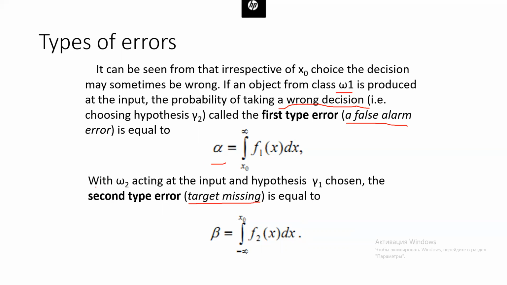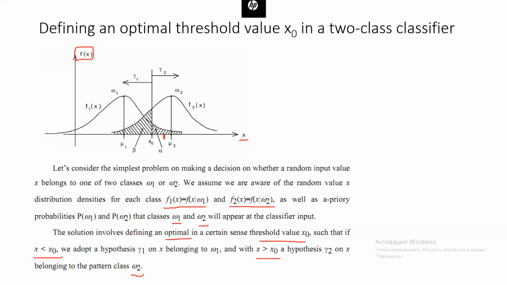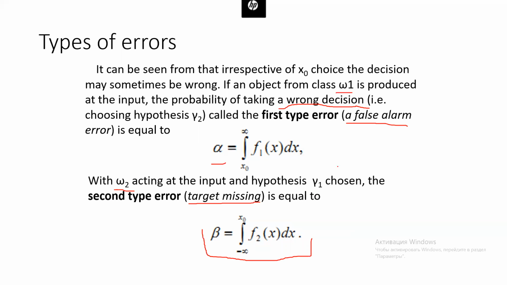With an object from the omega-2 class acting at the inputs and hypothesis 1 chosen, the second type error is equal to the area under the second curve here. You see this filled area. It will be the second type error, target missing.